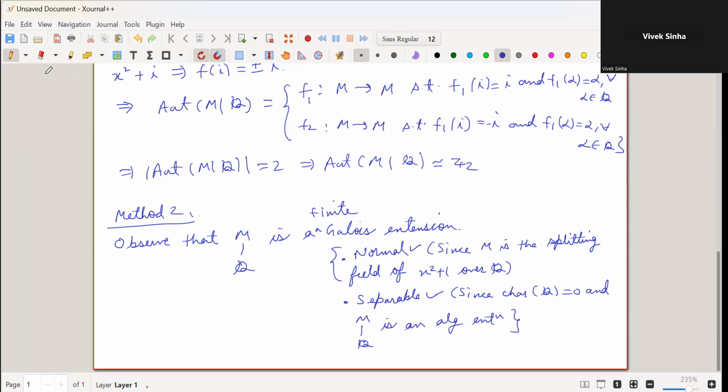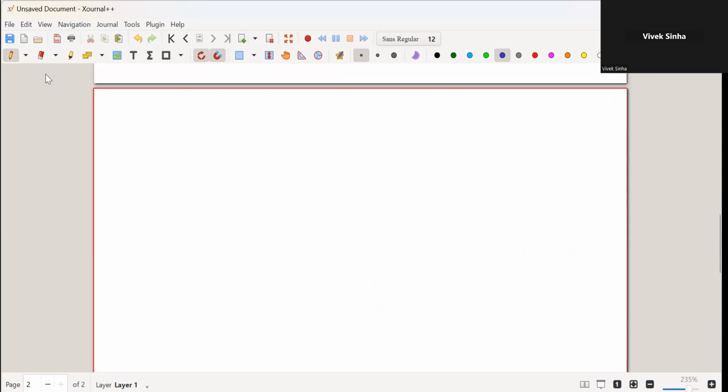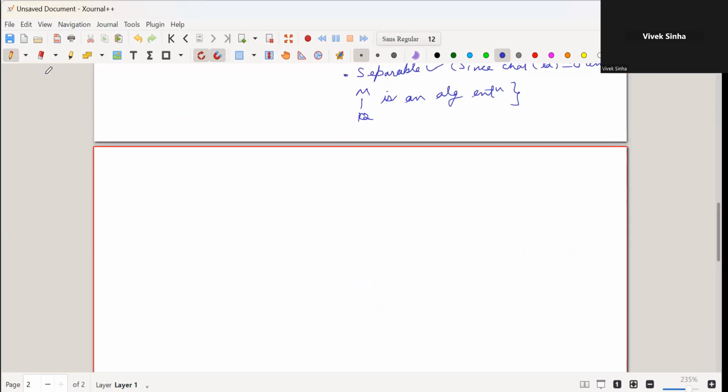So it's a Galois extension, and in lecture notes we have seen the following result. It's the finite extension following theorem.